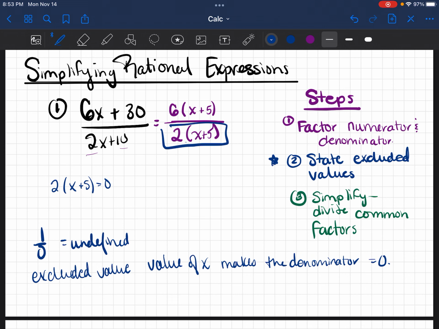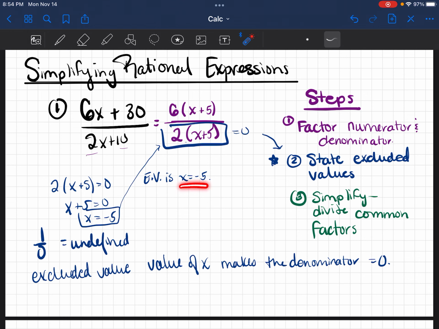And as I go through and solve that, it will tell me that if x is equal to this, then the denominator will be equal to 0, and that is an excluded value. So my excluded value is x equals negative 5. So I could have a value of x equals 2, and that's fine. X equals 4, that's fine. But if I have x equals negative 5, I will have an undefined function, and that is not fine.